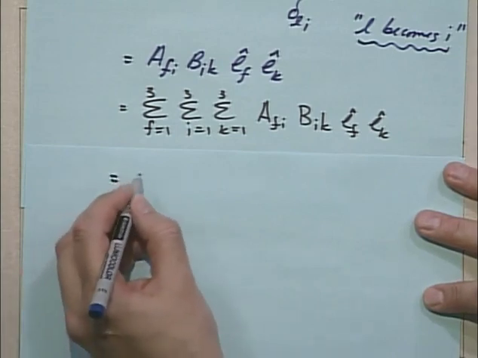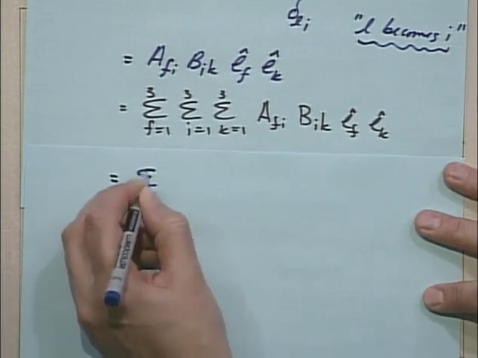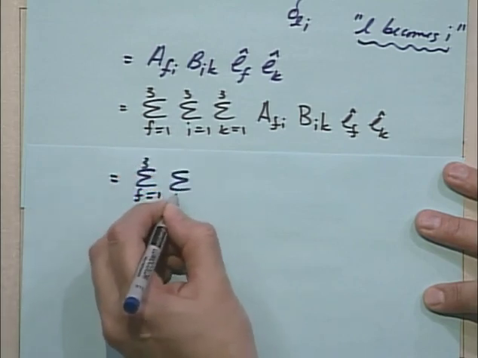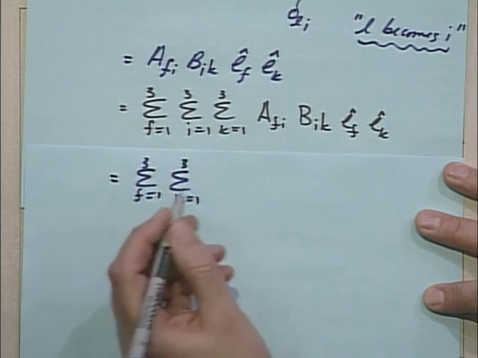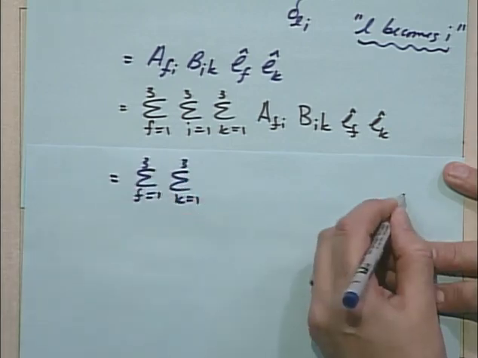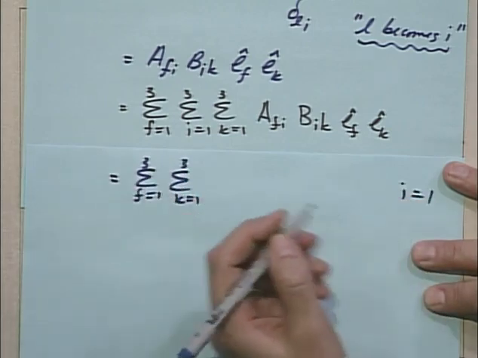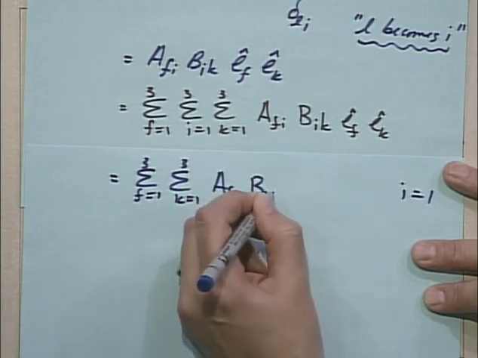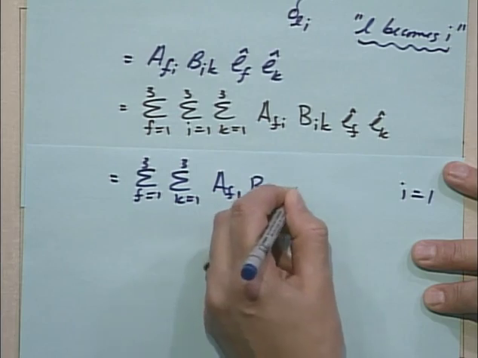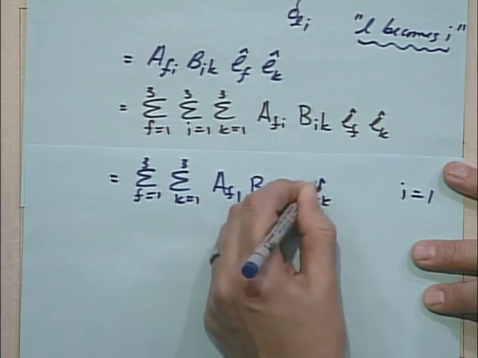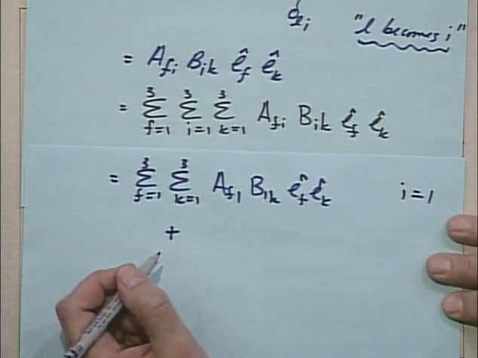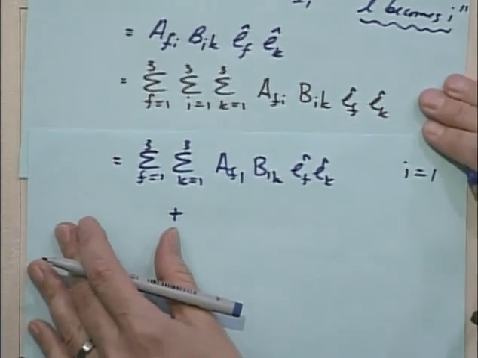So let's carry out the I. All the others we'll keep. Summation F equals 1 to 3. I we're going to carry out. Summation K equals 1 to 3. And everywhere we see an I, we're going to put a 1. AF1, B1K, EF, EK. Plus. We're carrying out a sum, so now there's going to be a sum between the terms.